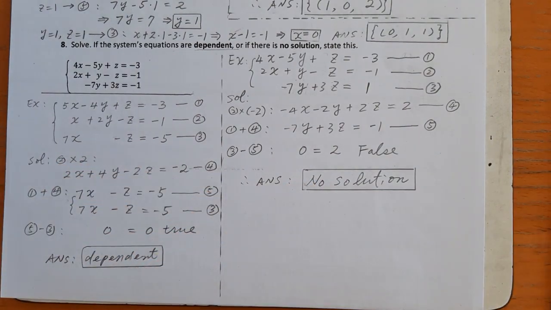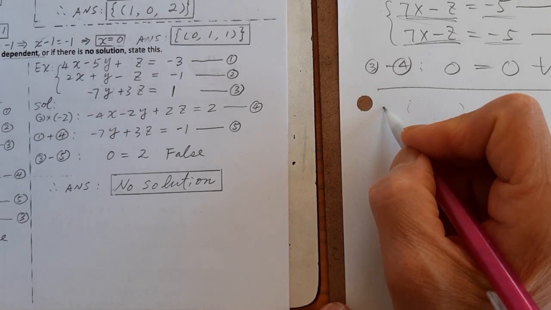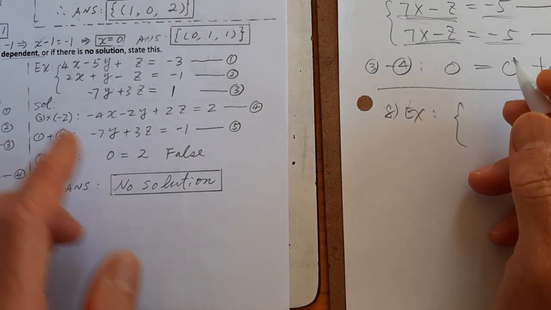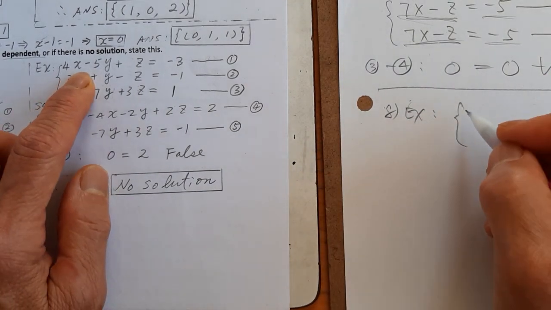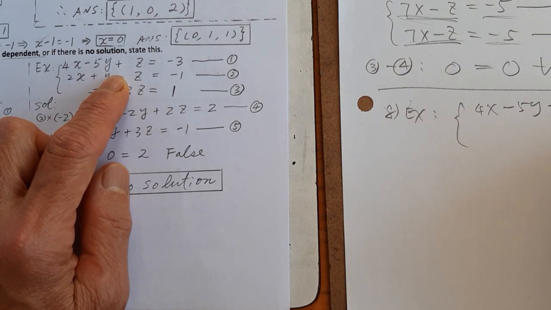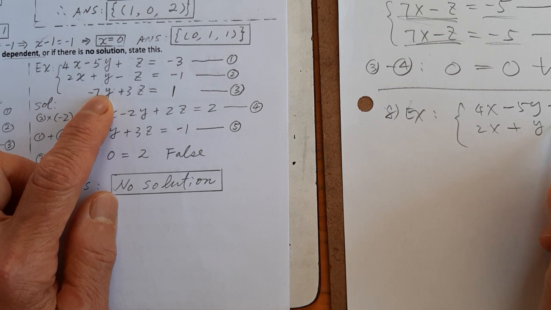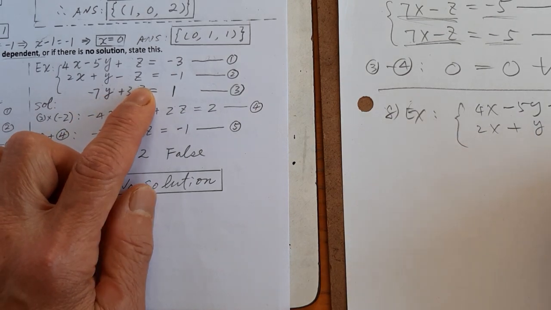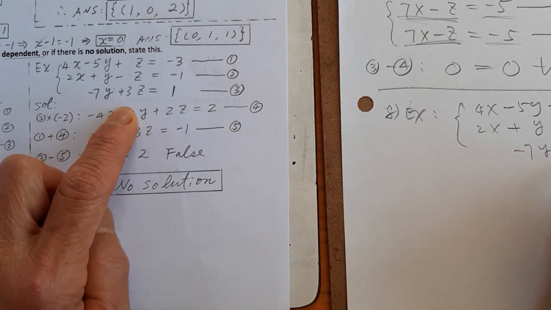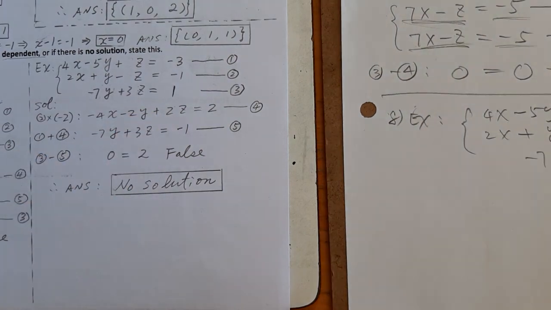That means many points are solutions. Now another example for question 8: 4x minus 5y plus z equals negative 3. That's the first equation. 2x plus y minus z equals negative 1, second equation. Negative 7y plus 3z equals 1, third equation.